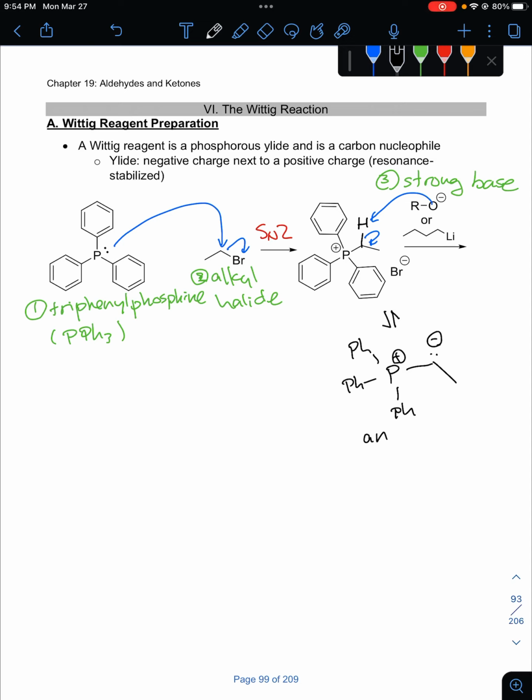There's a word for such a situation, and it's called an ylide. And I want you to notice the resonance that this could have. You essentially have a phosphorus-carbon double bond, and this is what we would call a Wittig reagent.